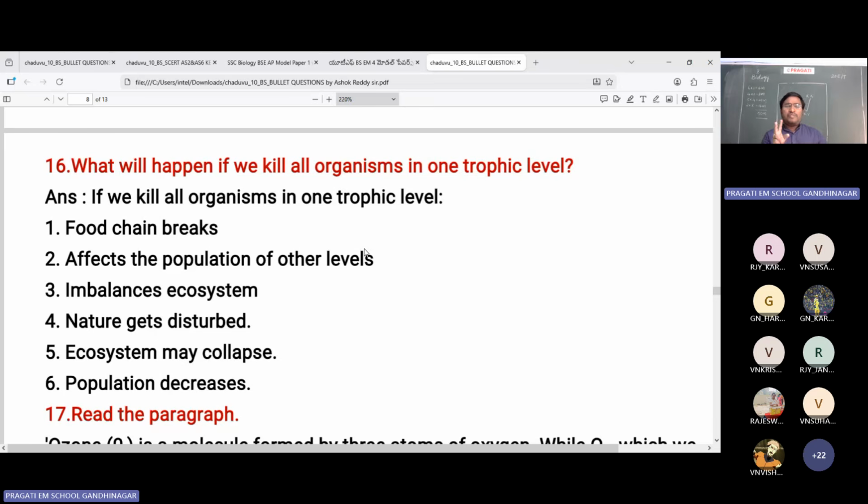If the food chain breaks, it will affect the population of the other levels. So if the food chain and the populations of other levels are disturbed, some imbalance occurs in the ecosystem. If there is an imbalance in the ecosystem, it disturbs the entire nature, so the ecosystem may collapse and the population decreases. See, these are the relevant answers.